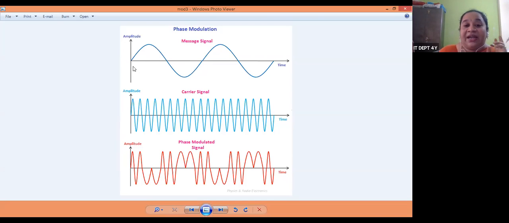And how this changing of the phase of our message signal is represented on the uniform frequency and amplitude carrier signal, we see through this phase modulated signal.